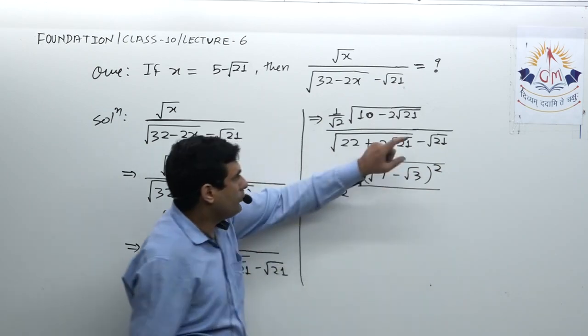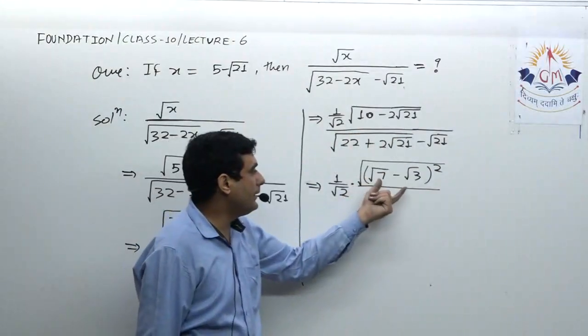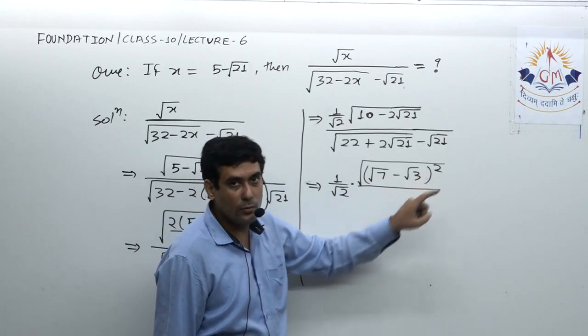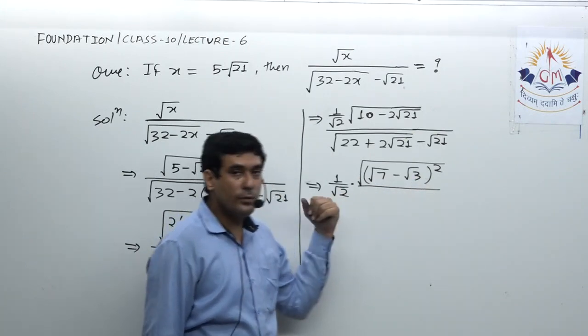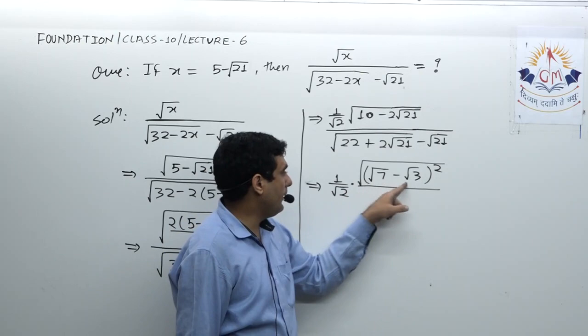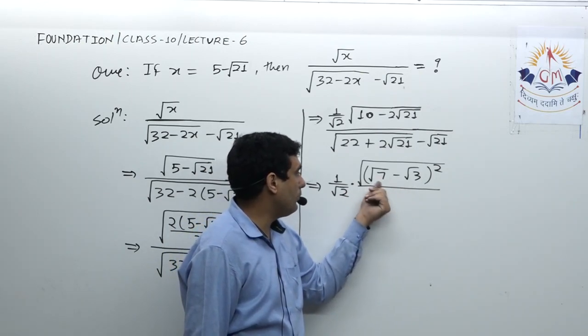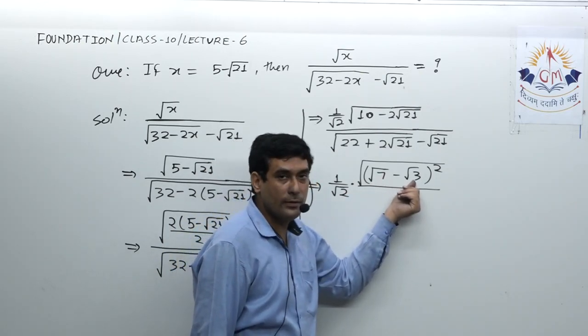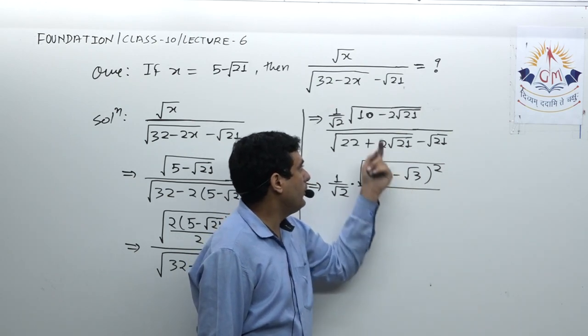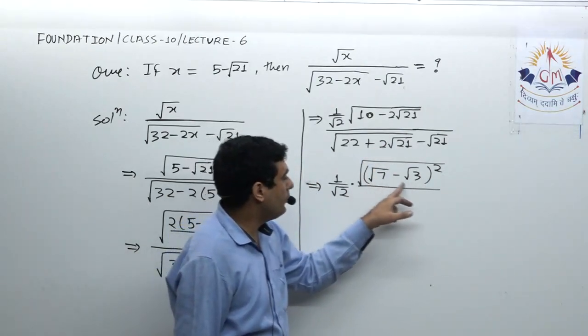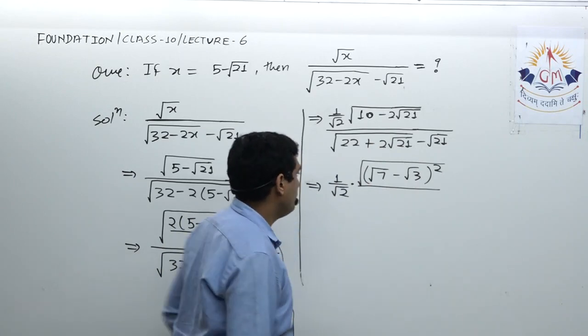We have solved so many questions, so I am writing this directly. For confirmation you can check it in reverse. If I make the square of this, a square is 7, b square is 3, so a square plus b square minus 2ab. If you square this you will get the same thing.